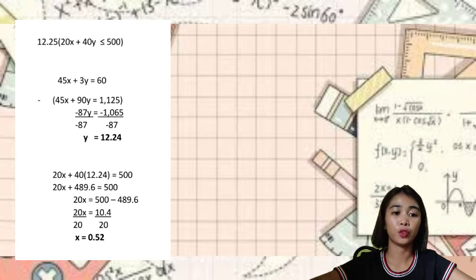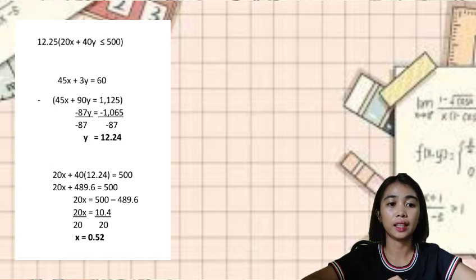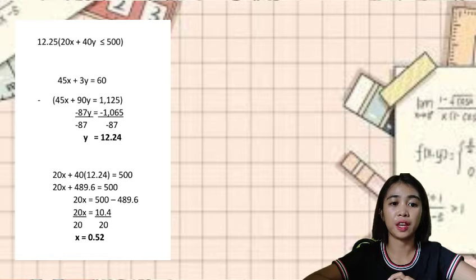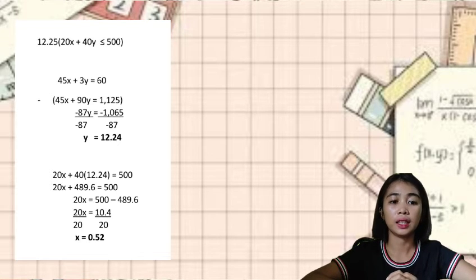It resulted in 45x plus 90y equal to 1125. Then this result is subtracted from constraint 45x plus 3y equal to 60. So the result is negative 87y equal to negative 1065. In order to get our y, divide both sides by negative 87. So y is equal to 12.24.